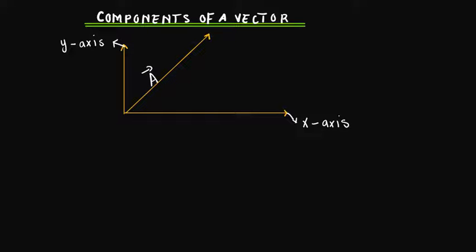which we can name as A vector like that, then it means that this A vector is going to have what we call components, particularly in the x and y direction.